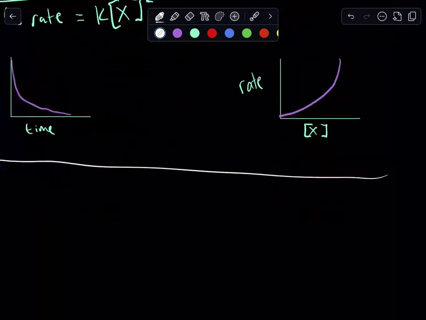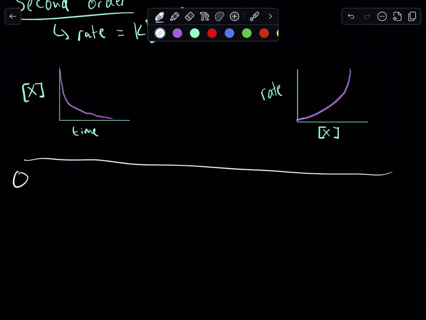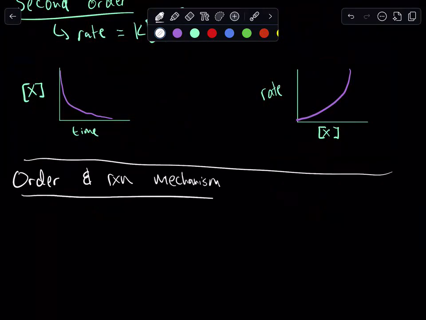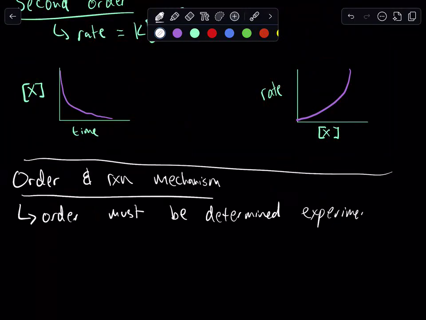Now, as we move forward talking about order, let's go ahead and look at reaction mechanisms. So when we have multi-step reactions, this will be order and reaction mechanism. We know that our order must be determined experimentally for an overall reaction.